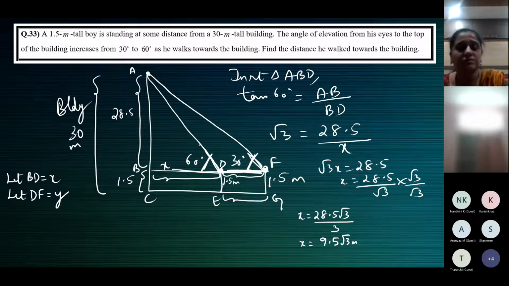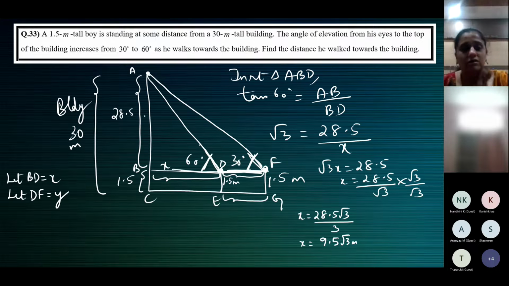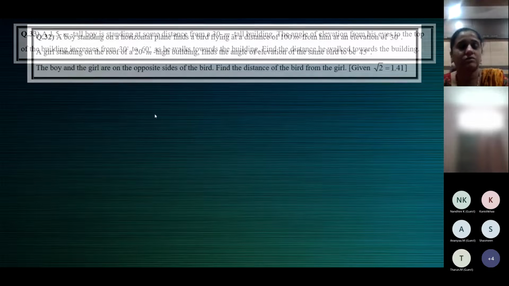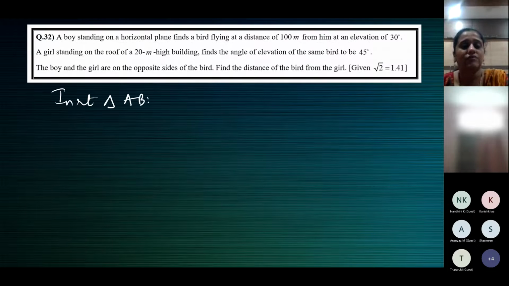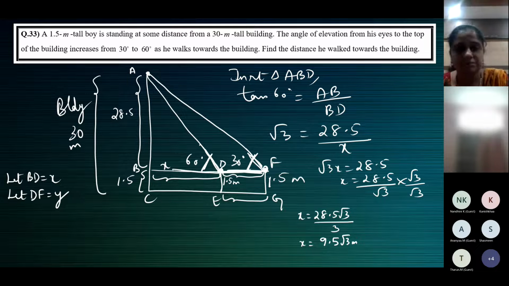All right, I hope this is done. Now in right triangle ABF, tan 30 degrees is equal to opposite AB by BF.